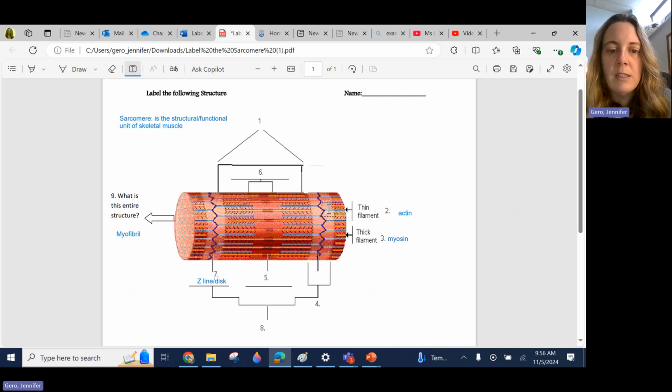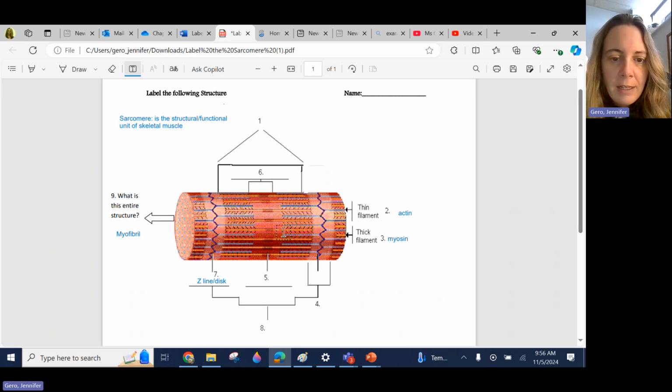So a Z disc to Z disc is one sarcomere. And if this wasn't cut, you would see another sarcomere on either side of this. Okay. The blue is the actin. So the actin filaments are anchored by the Z disc. This long, continuous reddish filament right here is myosin.